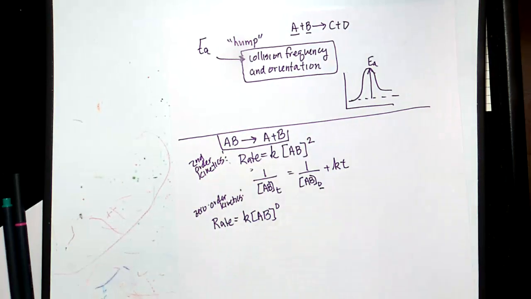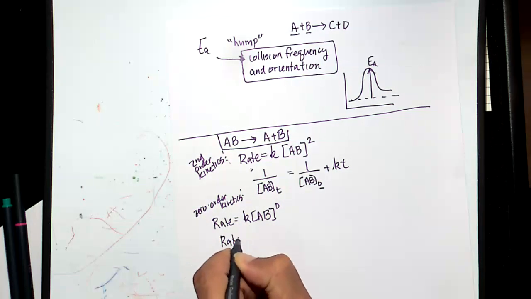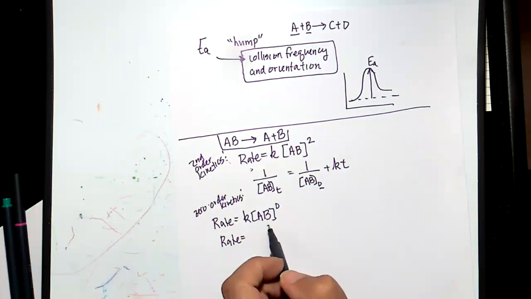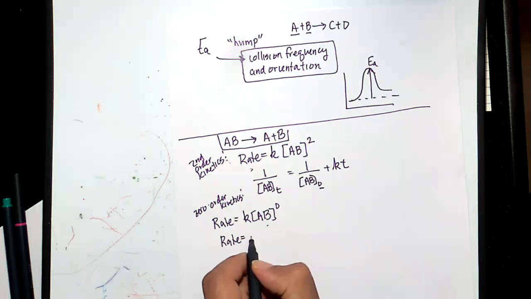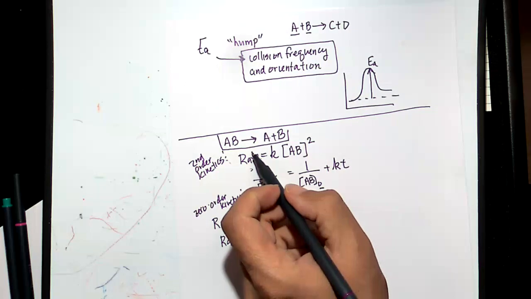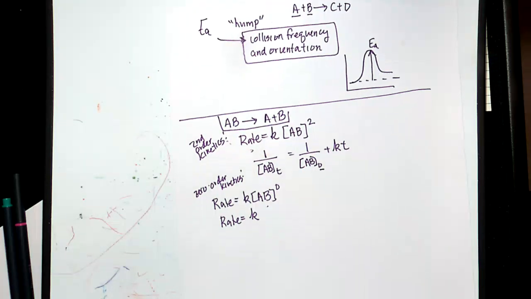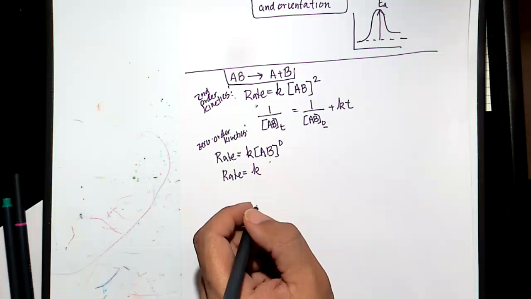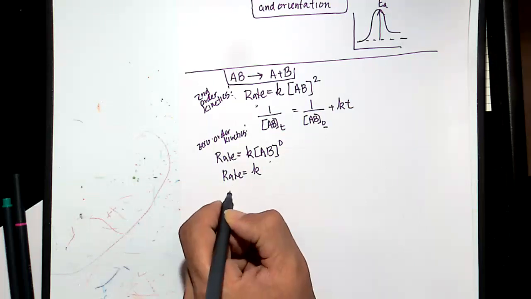Here's zero order kinetics. What is anything to the power of 0? So if AB decays with zero order kinetics, your rate is equal to k. So what are your units of k then? What will be your units?